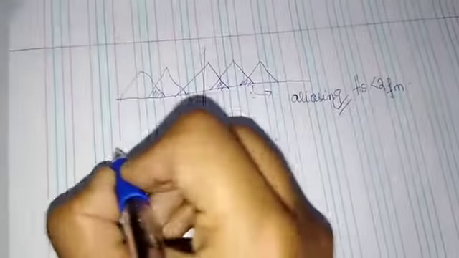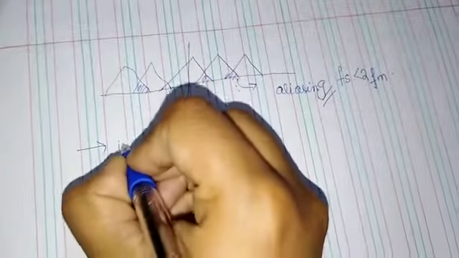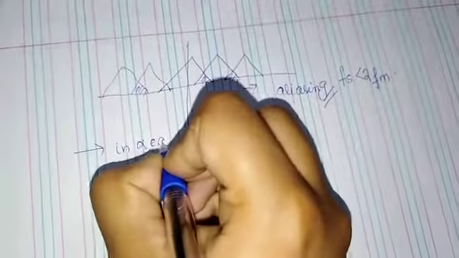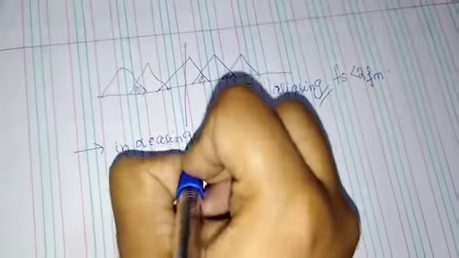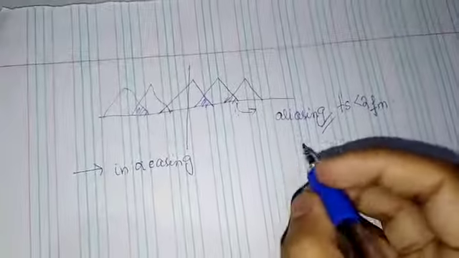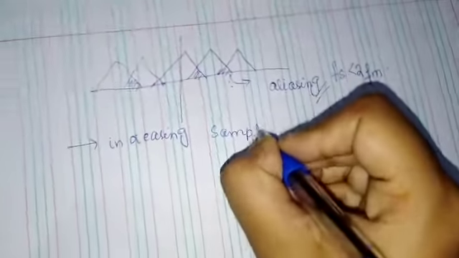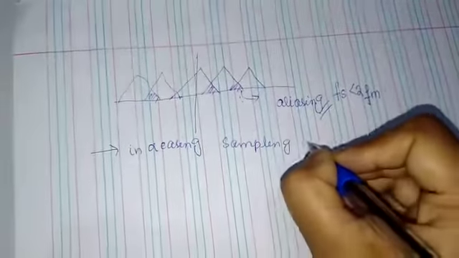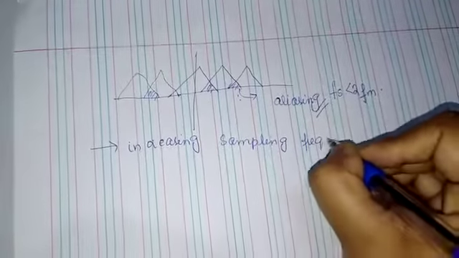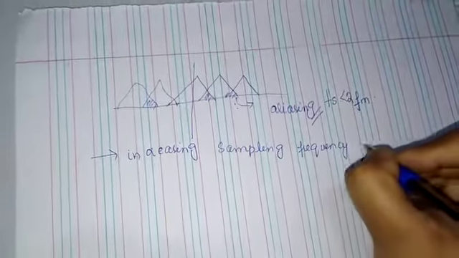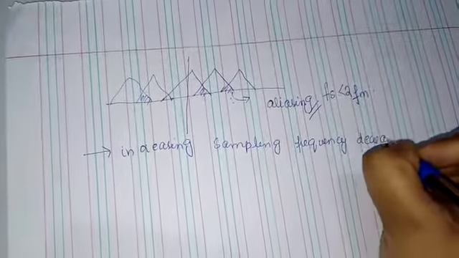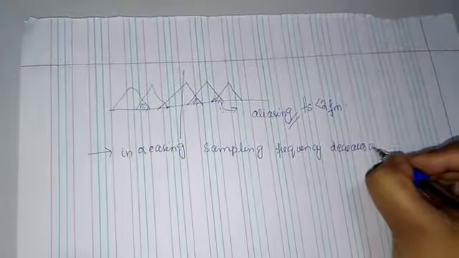So the solution for this problem is increasing the sampling frequency, which decreases aliasing.